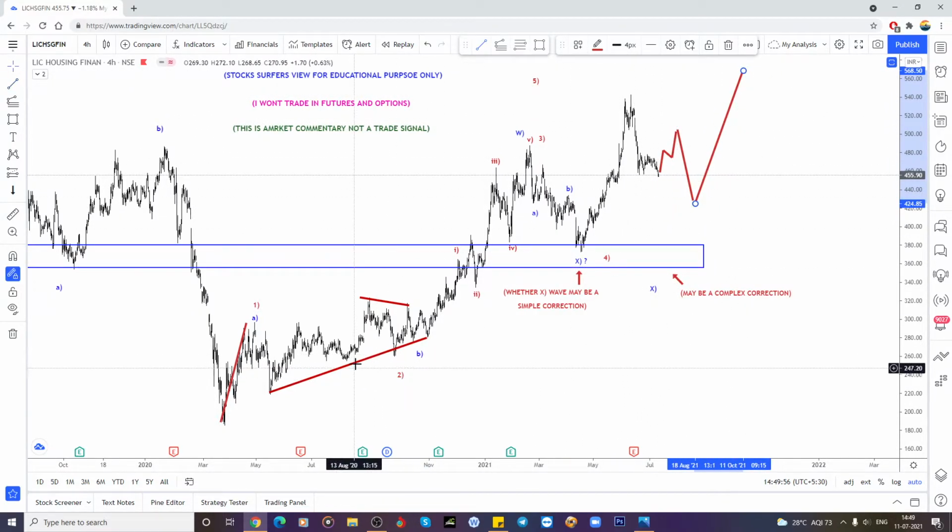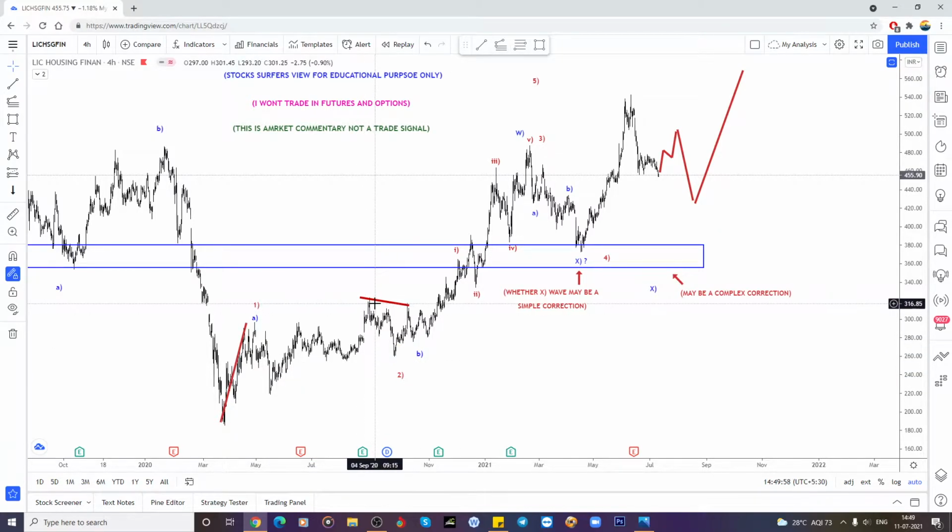But if this is not a triangle, see, it could be anything, right? See, this is all assuming, because I took this as a triangle because of 1, 2, 3, 1, 2, 3, and here also 1, 2, 3.